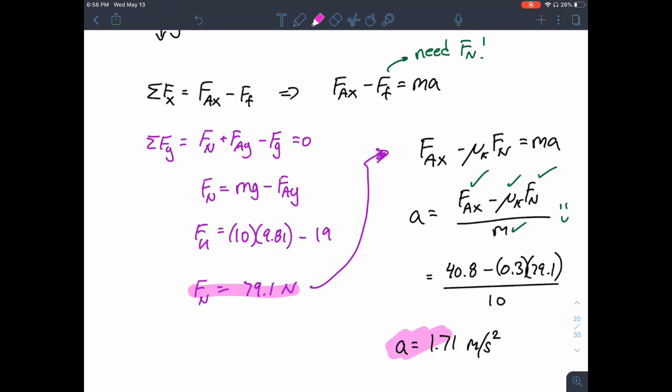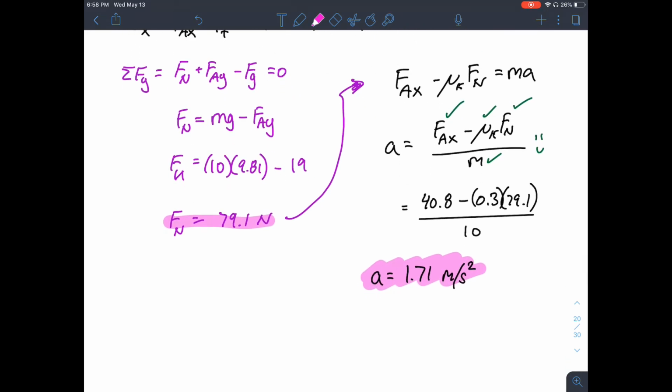Now, if you notice, this is actually faster than part B. This is faster than pulling horizontal. That's a really interesting result, which we will talk about a little bit during class, where we are actually pulling up on this box a little bit, so we are decreasing the amount of friction to a point where it's still an advantage.